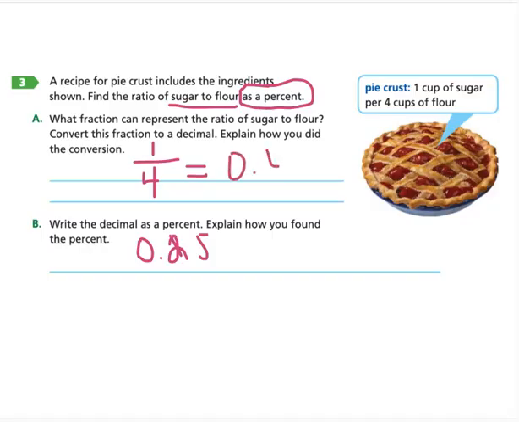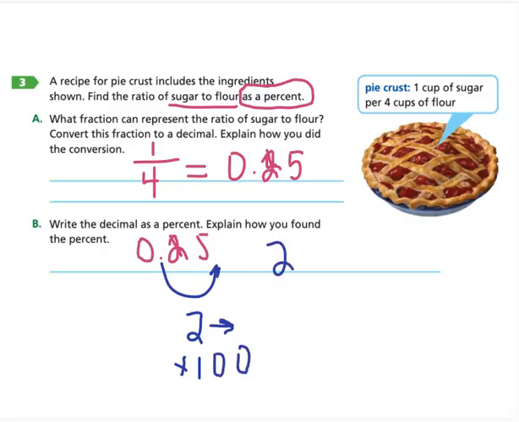So we'll do it now. 25. Write that decimal as a percent. Now, we talked in the notes that I can simply take that decimal point, move it 2 places to the right, and that is like multiplying by 100. So this is going to give me 25%.